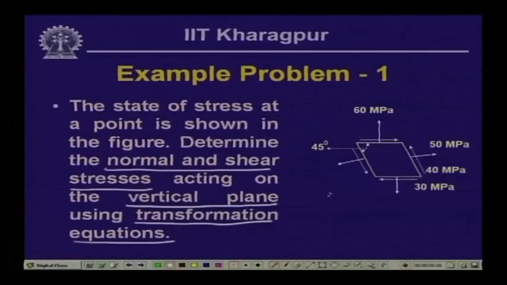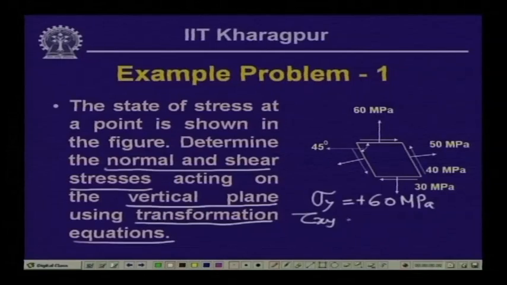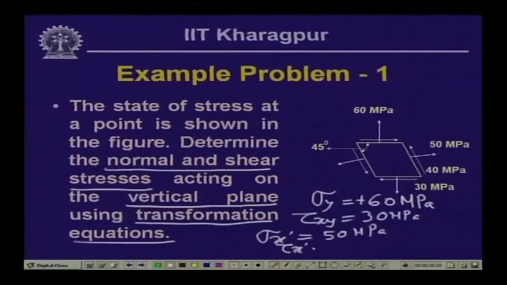Here the given values are sigma y equal to 60 MPa, tau x y given as 30 MPa, and on this particular plane, the normal stress sigma x dashed equals 50 MPa and the shearing stress tau x dashed y dashed equals 40 MPa.